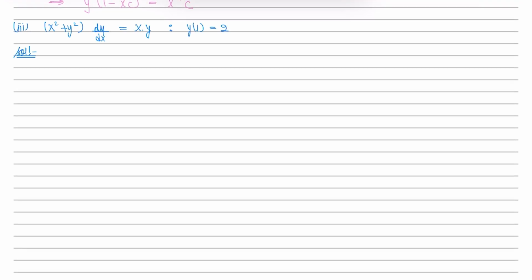Clearly, this problem is not solvable in variable separable form, and also it cannot be reduced to variable separable form.